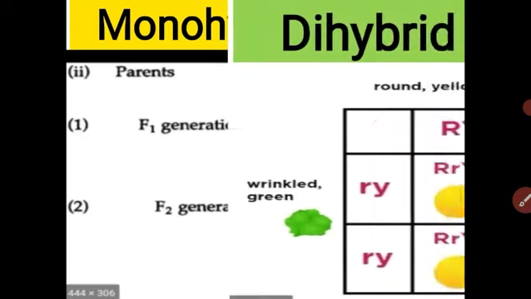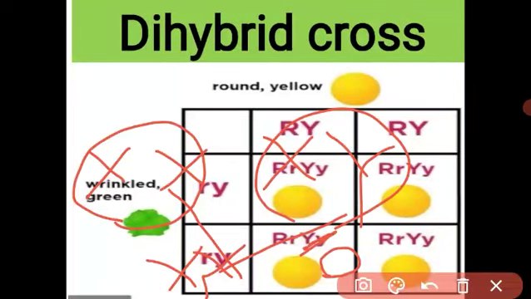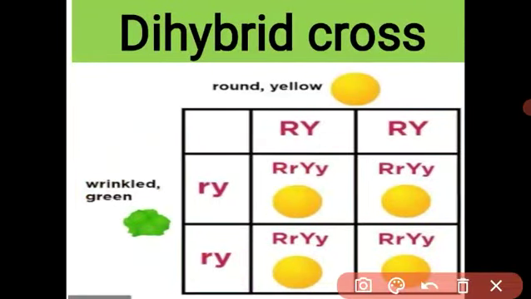Understood monohybrid cross? Let us see the dihybrid cross. I told you, dihybrid cross means what, student? The crossing between two contrasting pairs of characters. See, in the last monohybrid cross we saw one character, height, and the height has two alleles, tall and dwarf. Dihybrid means what, student? Two contrasting characters.